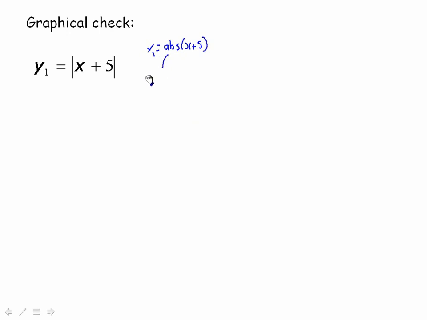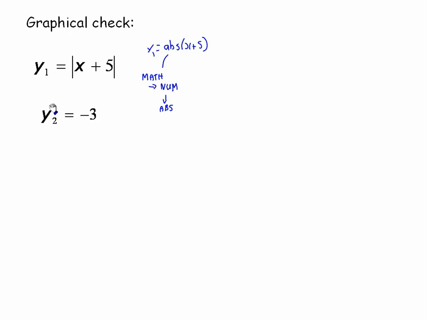And you find the ABS by going into the math function, pressing math on your grapher, moving the cursor over to number, and you should see ABS right there. I don't think it's actually capitalized. And then the bracket opens up for x plus 5. So you graph that one.